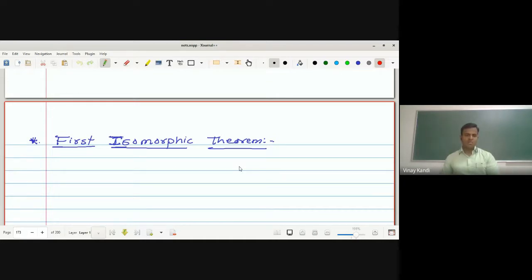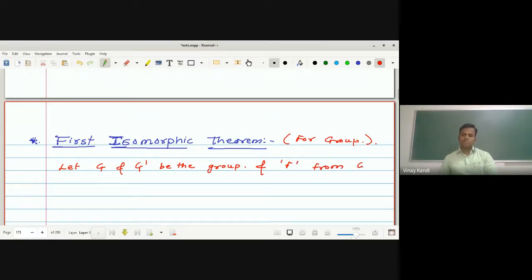Here we will see the first isomorphism theorem for groups. Suppose G and G dash are groups, and f is a function from G to G dash, that is, f is a mapping from G to G dash which is an onto homomorphism.